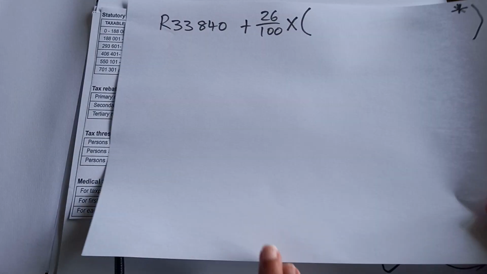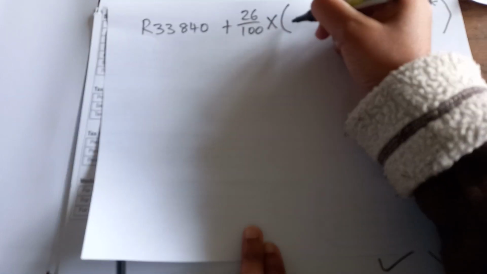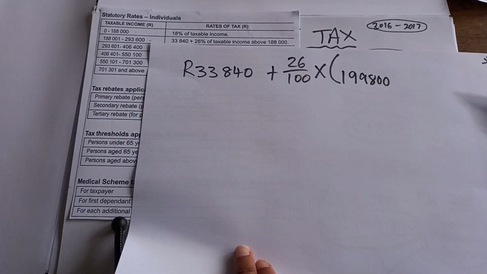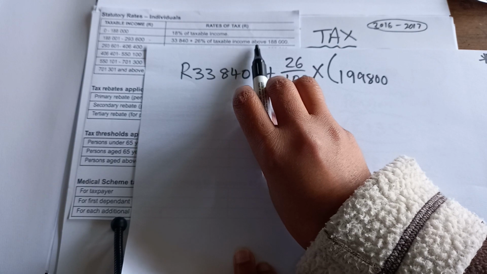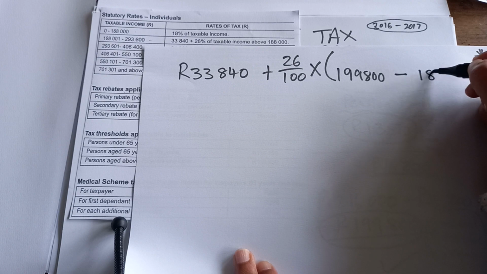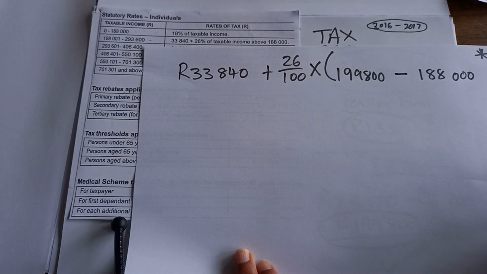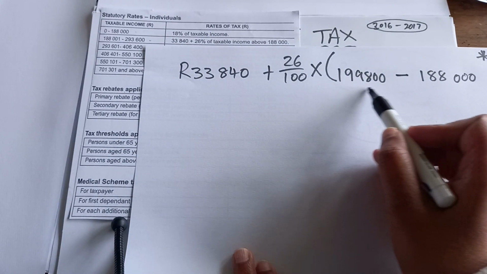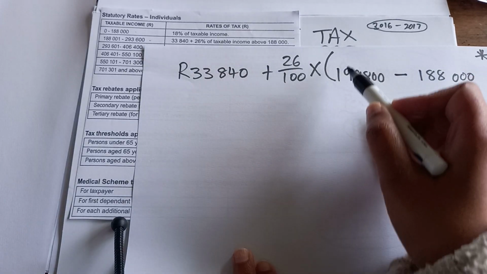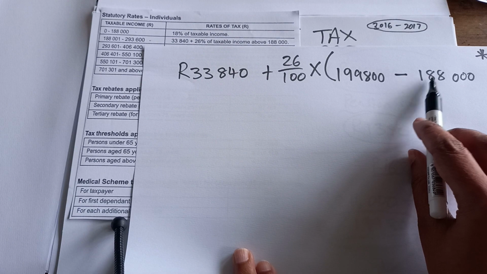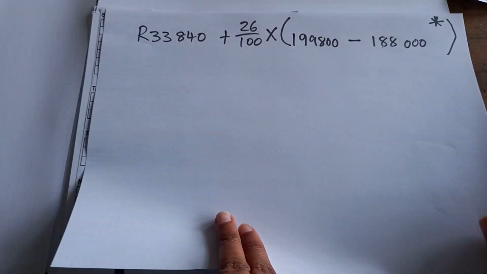So let's put it in there. I've got 26% of taxable income above 188,000, so now I'm going to minus 188,000. Okay, so one more time. The 26% is not on the entire annual taxable income. The 26% is only on the amount that is above 188,000.